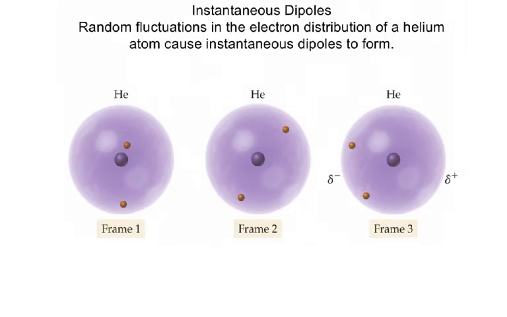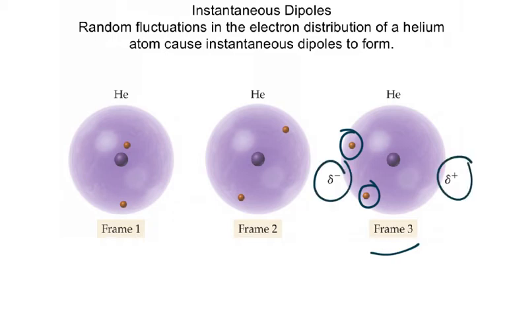Now, here's a better picture. Notice in frame 1, helium, the electrons are just moving randomly. And as they're moving randomly, as you can see in frame 2, all of a sudden, as the electrons are moving around, notice how they go to one side of the electron cloud. In frame 3, this becomes polarized. This side becomes more negative than the other side. So this just became an instantaneous dipole. Now, watch the effect it's going to have on the neighbors.